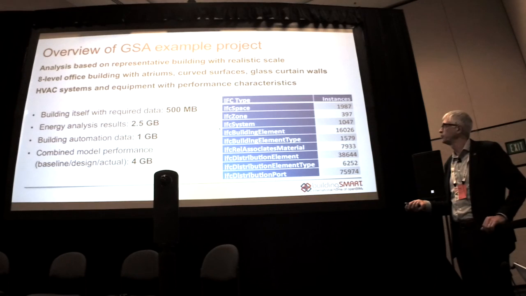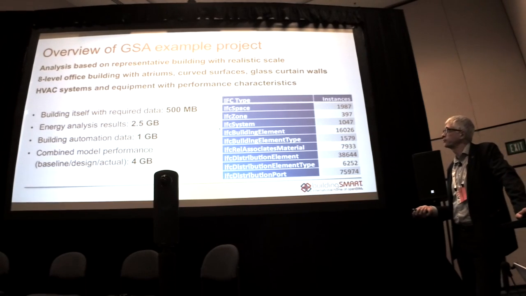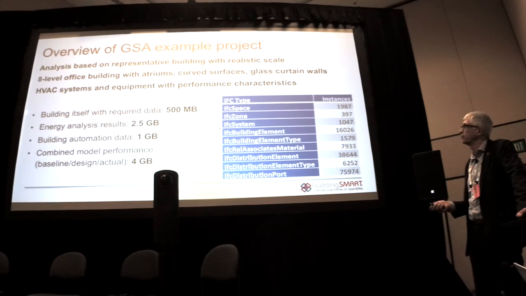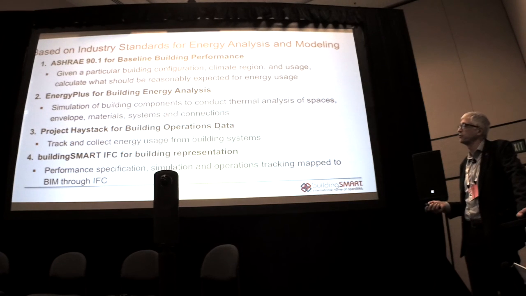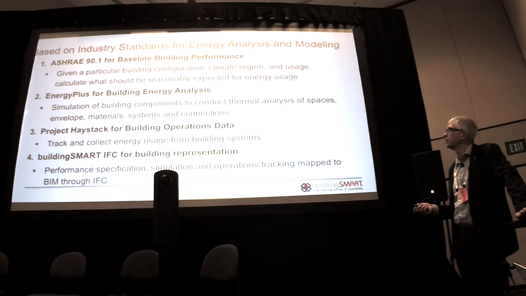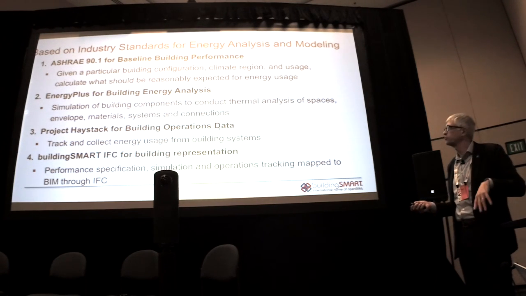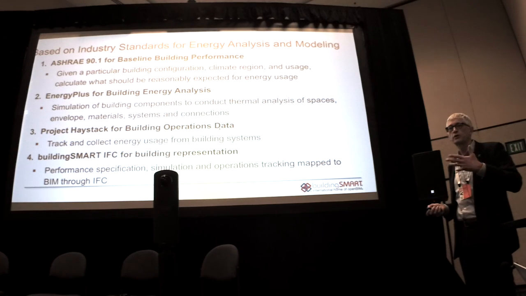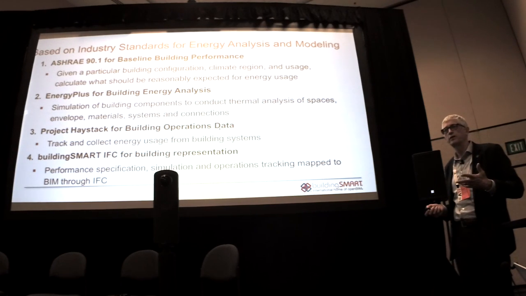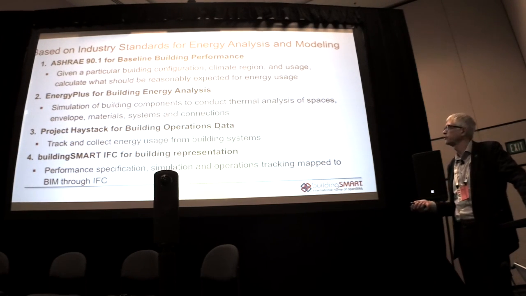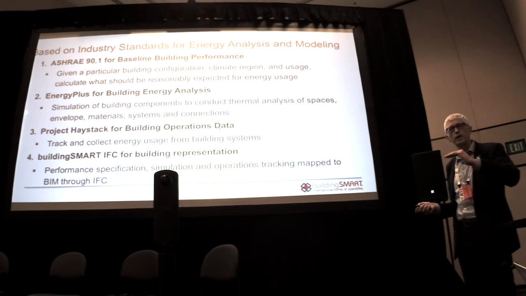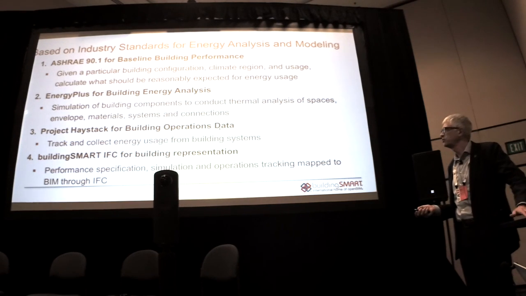Then we took a particular building model, which was an 8-level office building with a bunch of atriums, curved surfaces, and a realistic structure. What we did was map ASHRAE 90.1, which provides a baseline for what energy use should be; Energy Plus, which is the common way to simulate energy performance for buildings; and Project Haystack, which is the way you structure controls data so that you can get controls information back about energy usage.